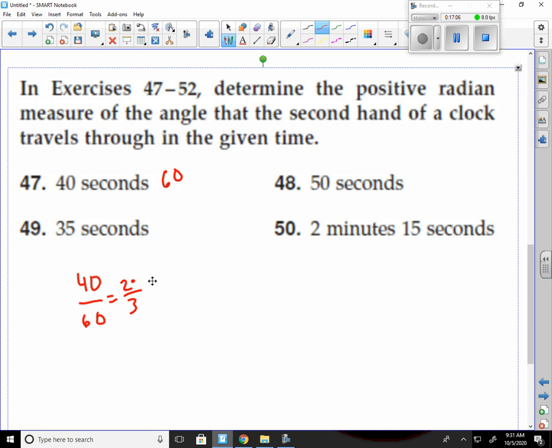Then if I'm trying to find the positive radian measure of the angle that it traveled, then I'm doing 2/3 times pi over 180. That's going to reduce to 90. I get pi over 270, which just doesn't seem right at all.